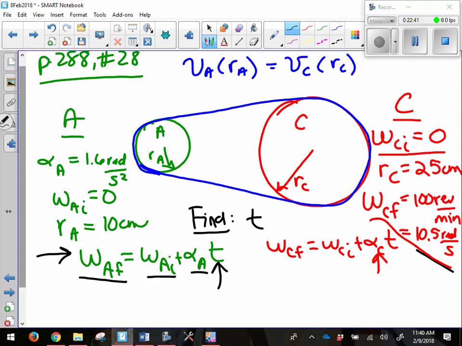Have you used all the information you have? That's what Zoe was talking about with the period, but usually with period, it involves a constant rotational rate, so omega would have to be a constant, and it's not.